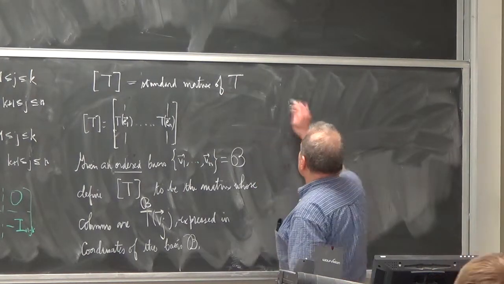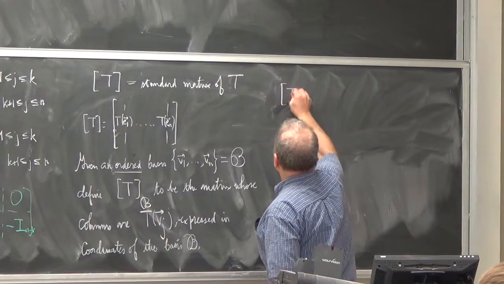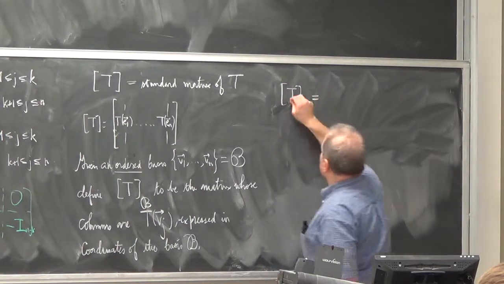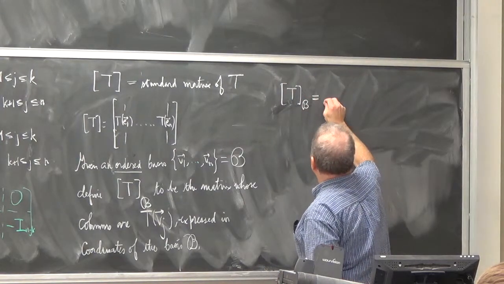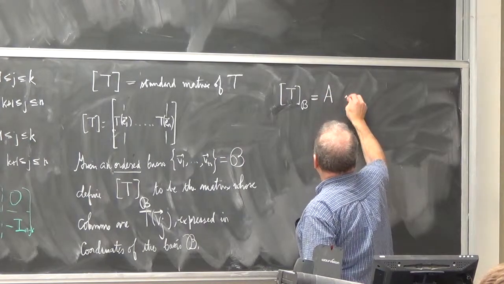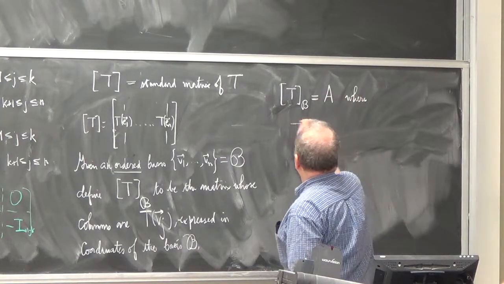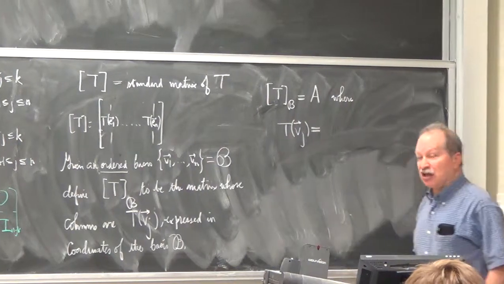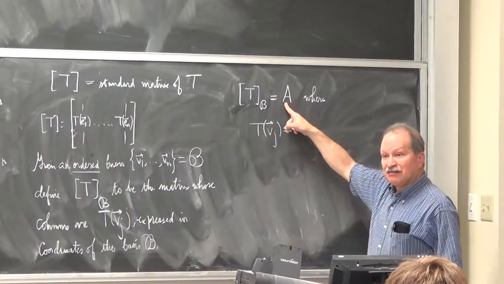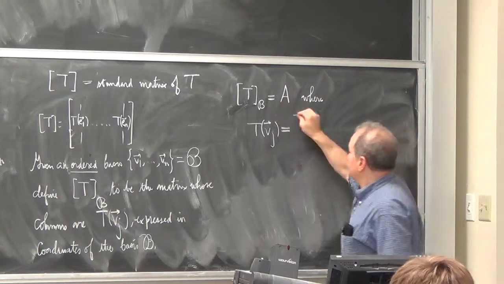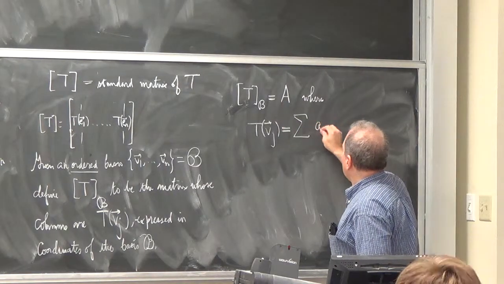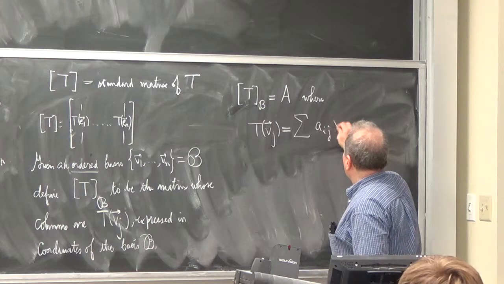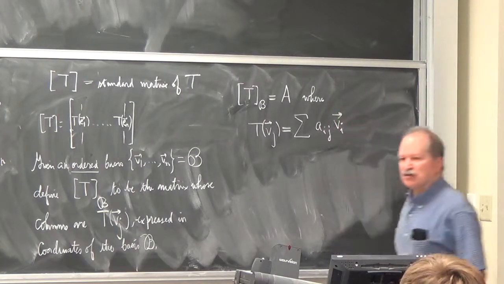So in other words, I'm going to say in this case that the matrix of T with respect to the basis B is a matrix A, where if I want to know what T of Vj is, that's going to tell me the jth column of A as linear combinations of the basis vectors v1 to vn.